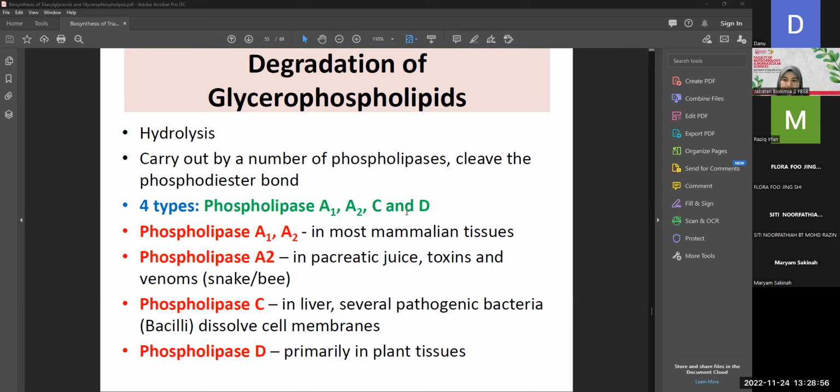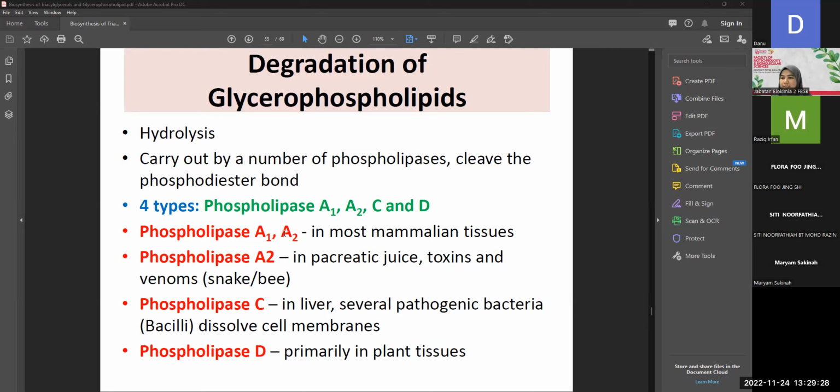The enzymes that catalyze the hydrolysis, the degradation of glycerophospholipid, are phospholipases, which cleave the phosphodiester bond. There are 4 types: phospholipase A1, A2, C, and D. Phospholipase A1 and A2 can be found in most mammalian tissues.